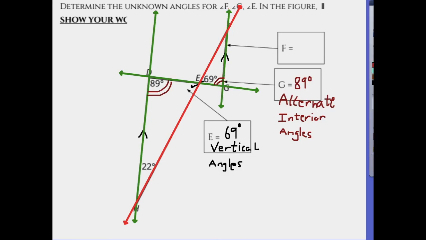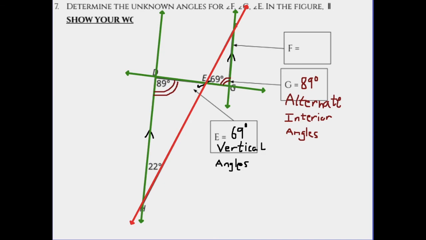So look at that red line as your transversal, and if we do that, then we can see, hey, look at this. I got 22 here. I'm going to draw this just with one purple stripe. And that corresponding angle is going to be all the way up here. And then that's also going to match here. So again, this is alternate interior angles to the other 22.